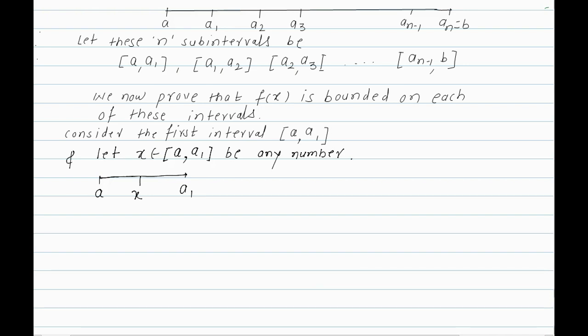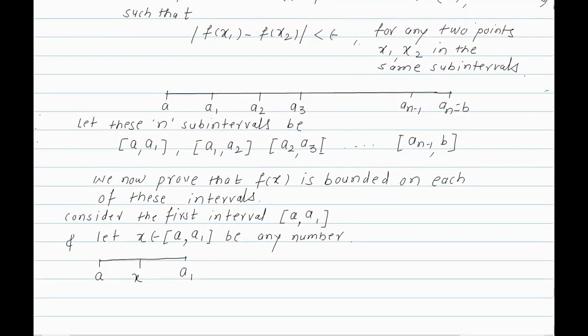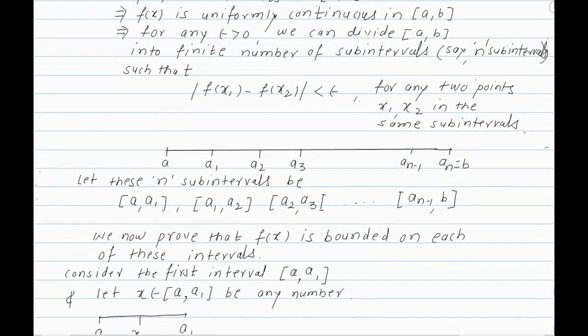Now from equation 1, suppose this is our equation number 1, which says that for any 2 points x1, x2 in the same subinterval, the difference f of x1 minus f of x2 is less than epsilon.